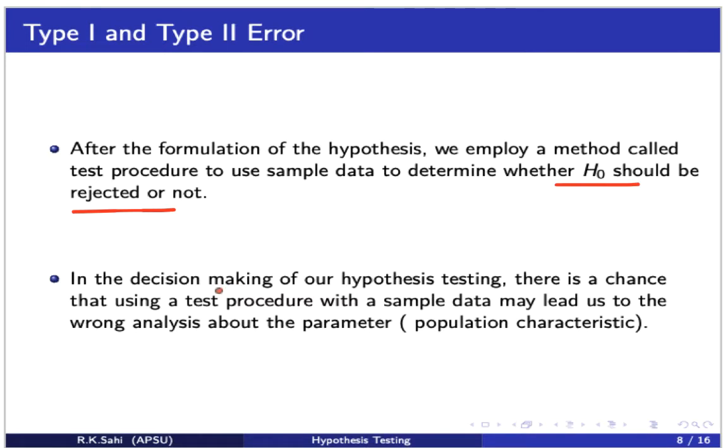So as a result, when we're making these hypothesis testing, we're using some kind of a test to look at the sample data. We might actually end up making a wrong analysis about this parameter. That means it will lead us to two kinds of errors: a type 1 and a type 2 error.